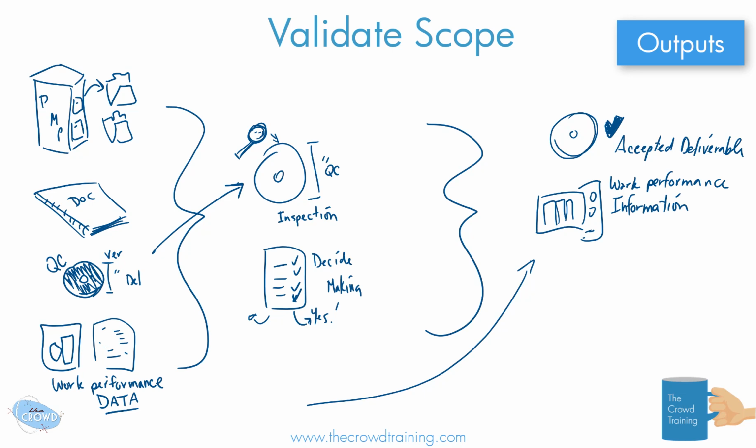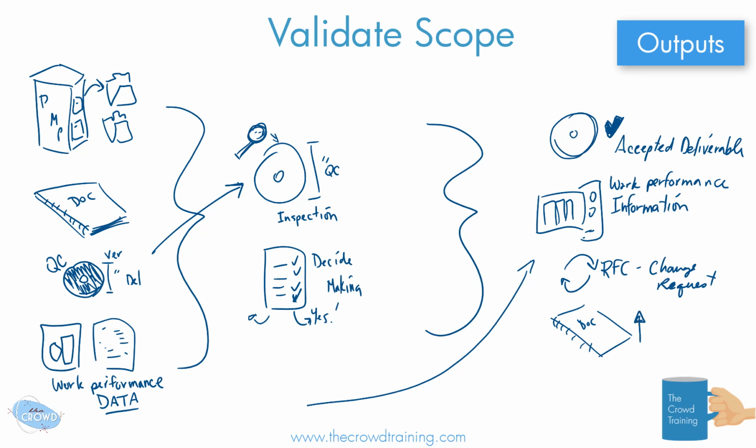Also, if this is not really working out and we need to switch things up, then we might need to have a request for change, or simply a change request. And then, of course, that goes through the perform integrated change control process. And then we might even need to take those documents and update them.